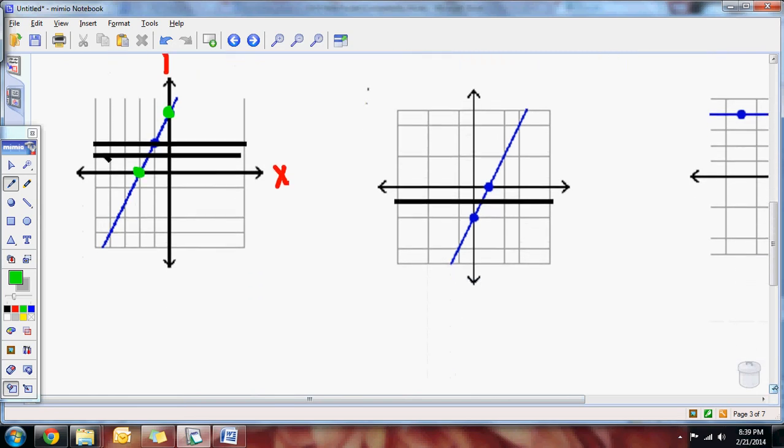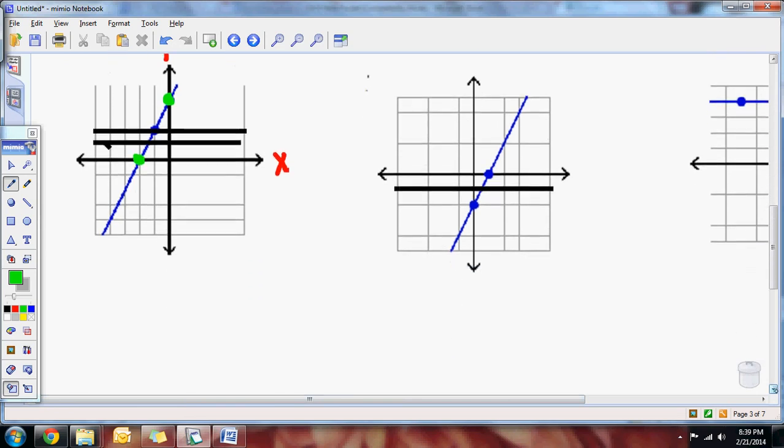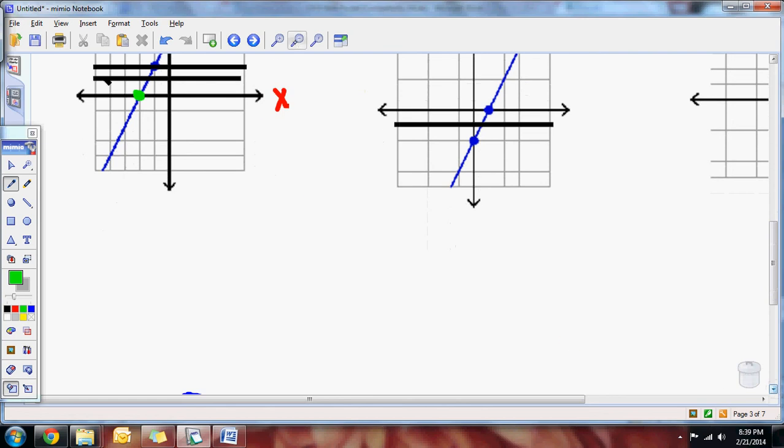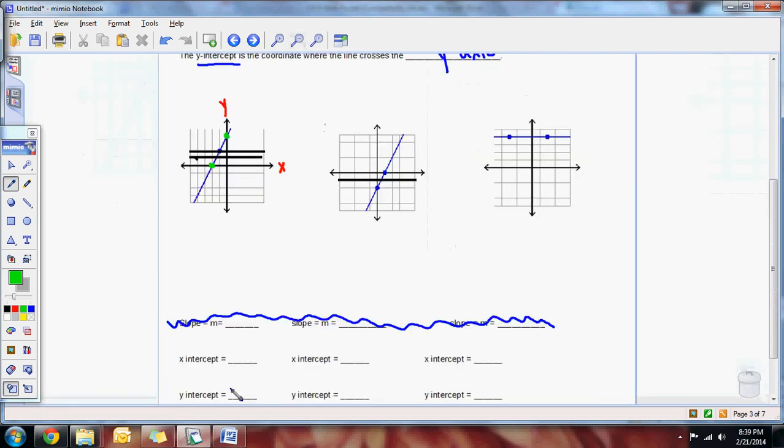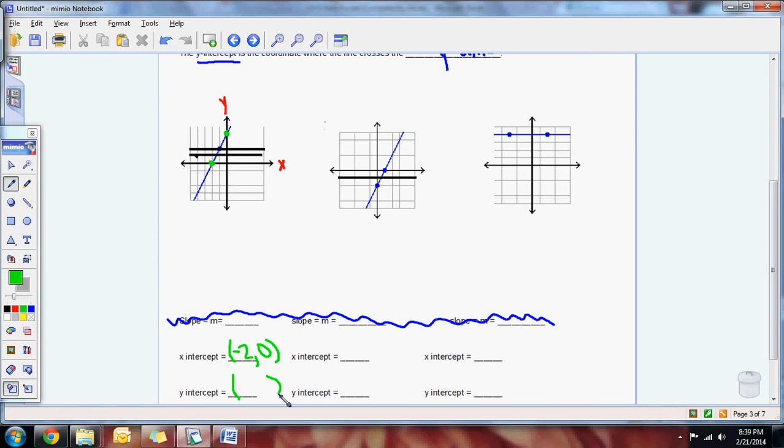And again, my graph showed up so funky, so it's going to be a little weird. But our x-intercept, the ordered pair for that would be over -2, up or down 0. So -2, 0. Now my y-intercept is going to be up 1, 2, 3, 4. So over 0, up 4.